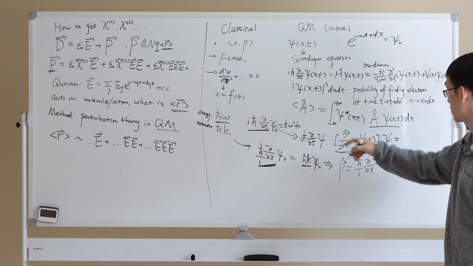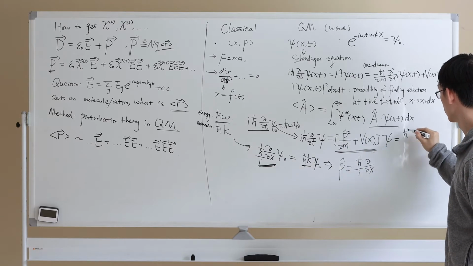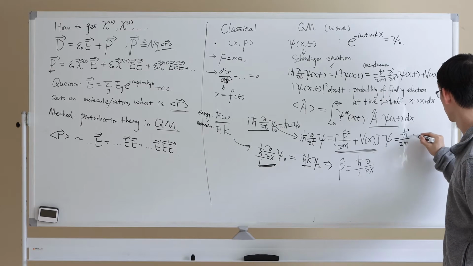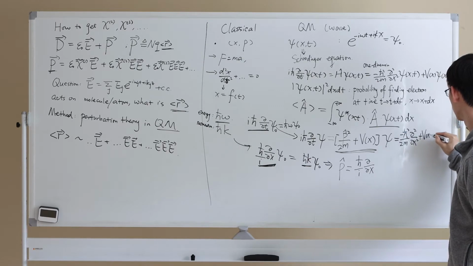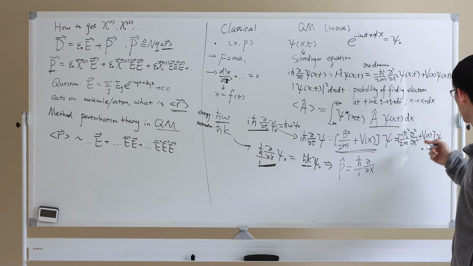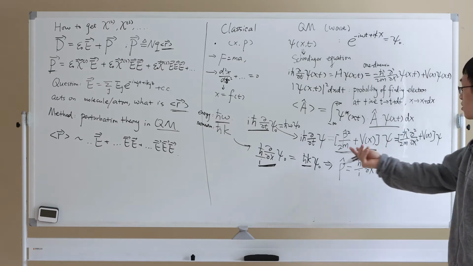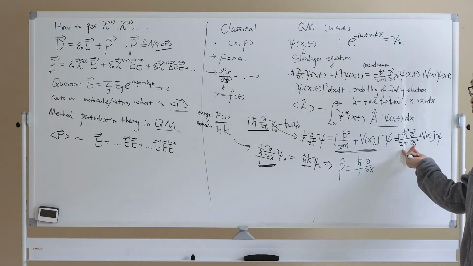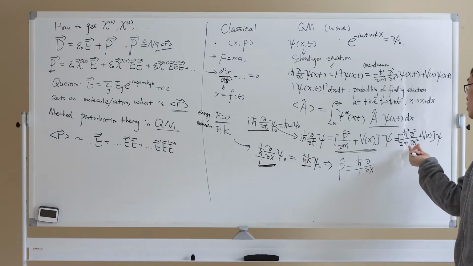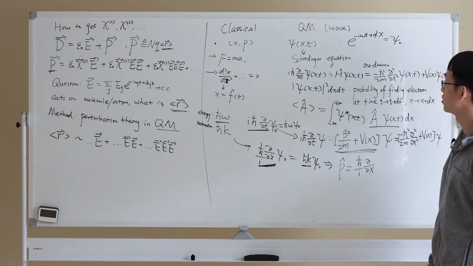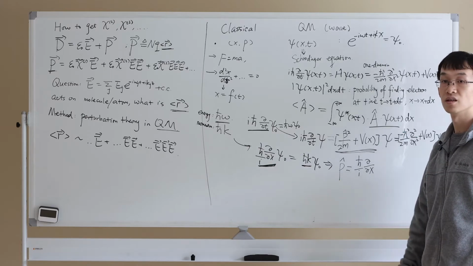You plug this back in: h bar squared, i squared, so you have minus h bar squared over 2m, partial squared over partial x squared, plus V of x, the entire thing acting on psi. So a first order differential in t equals a second order differential in x plus your potential energy. This is how you get the Schrodinger equation, and how you express the momentum.